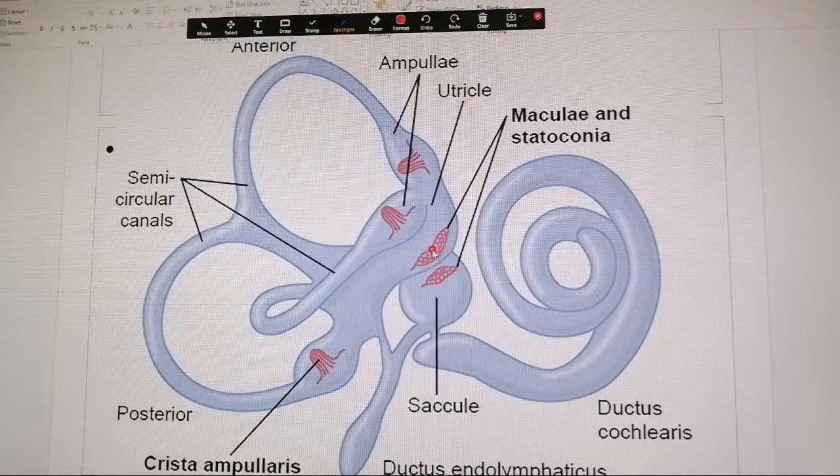It will just tonically discharge. Mark these words: at rest, the otolith organs and the semicircular canals apprise the CNS that the head is on top of the neck. Nothing to worry about.